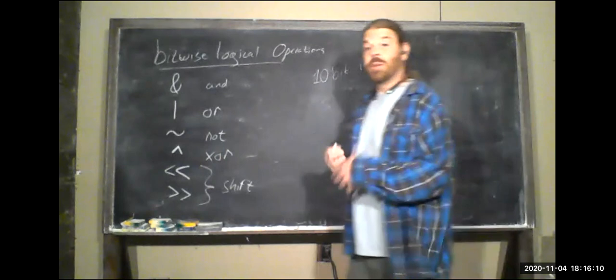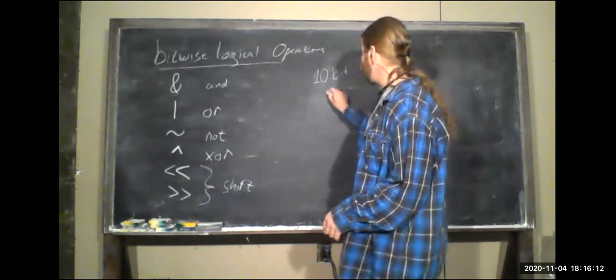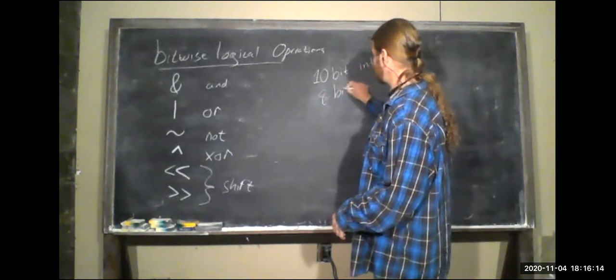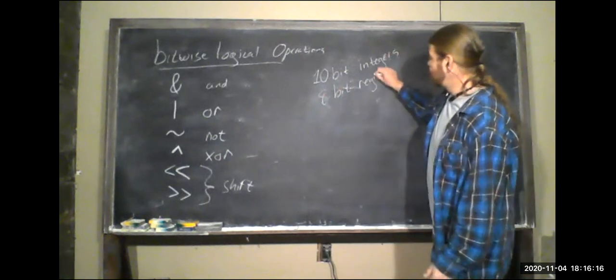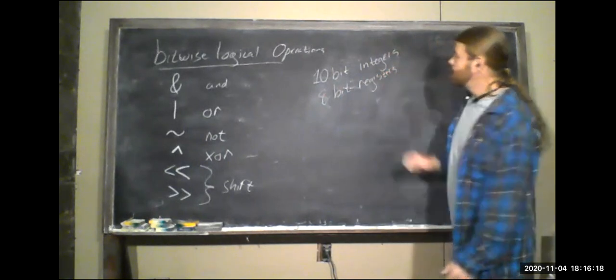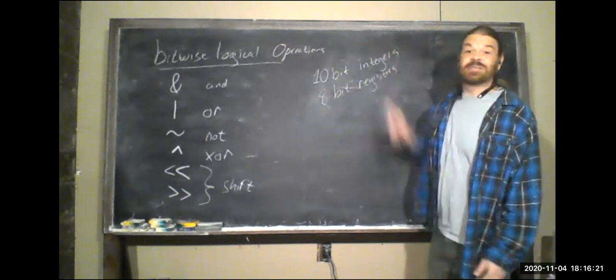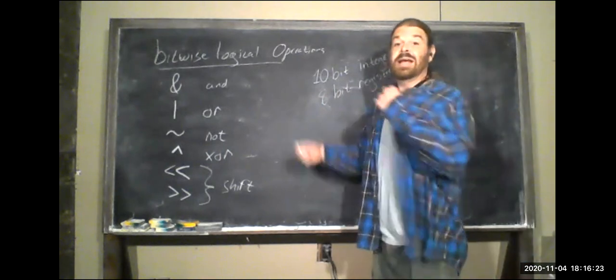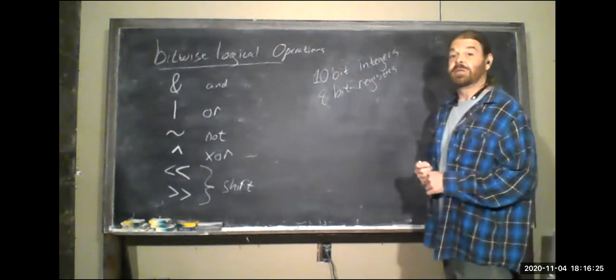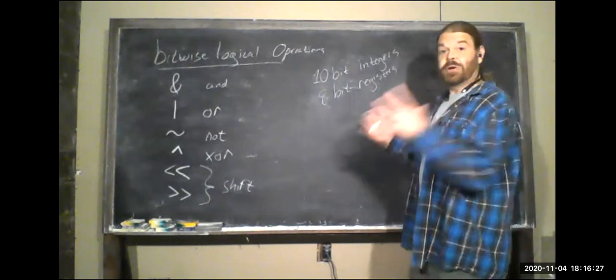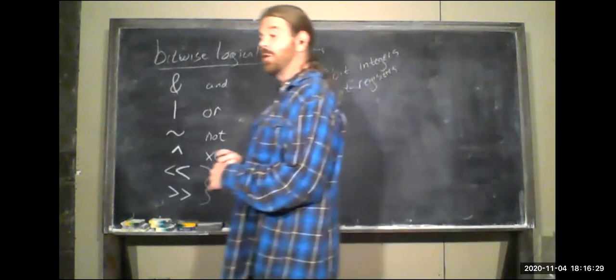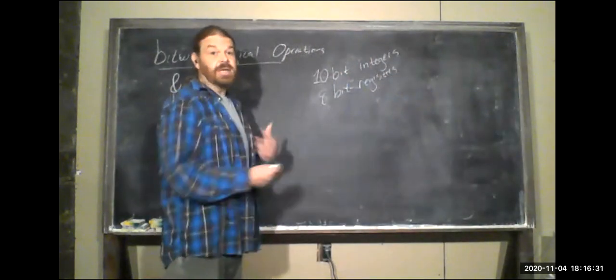But when I'm putting that on the machine, I have 8-bit registers. So the size of the integer I have is larger than will fit in a register, so I have to put 2 registers together in order to hold the integers that I'm passing it.